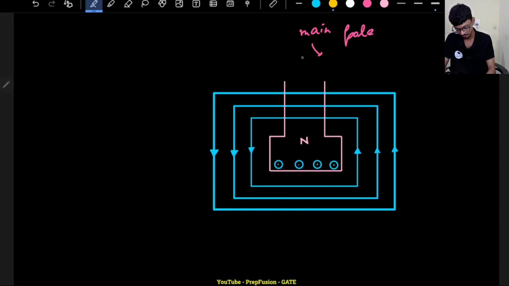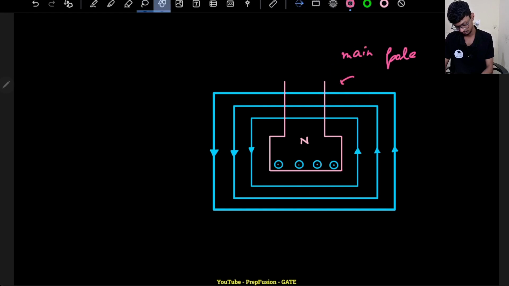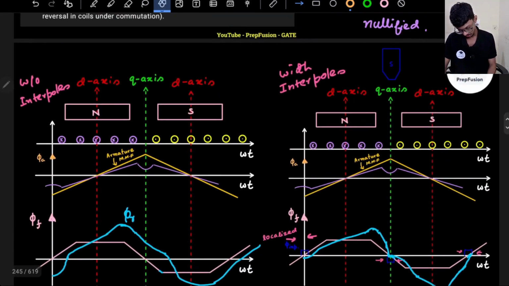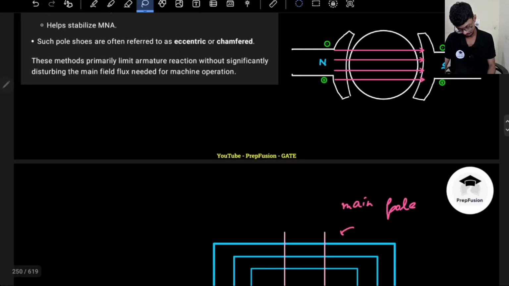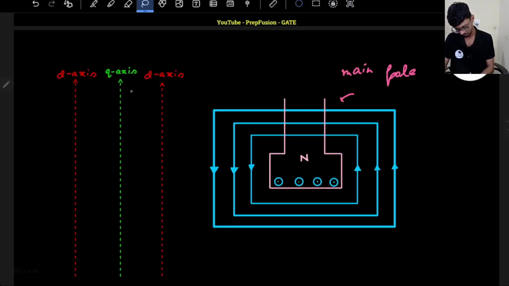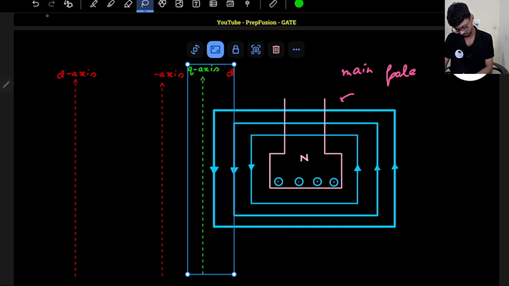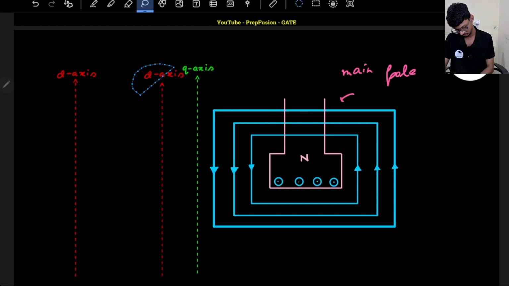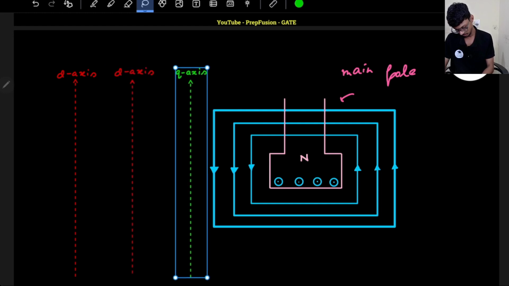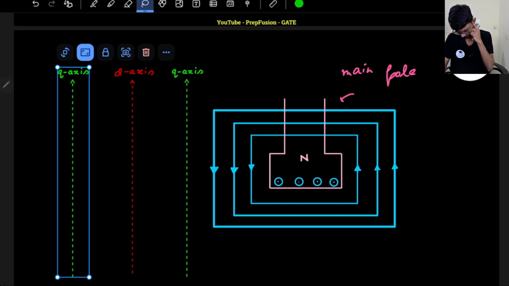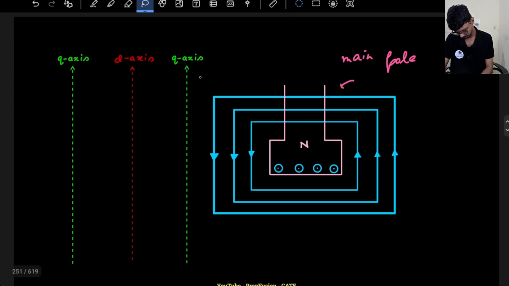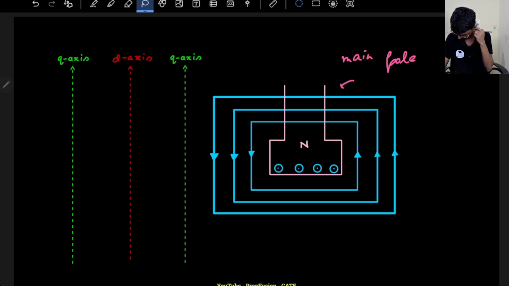So this is the d axis. This will be the q axis, right?